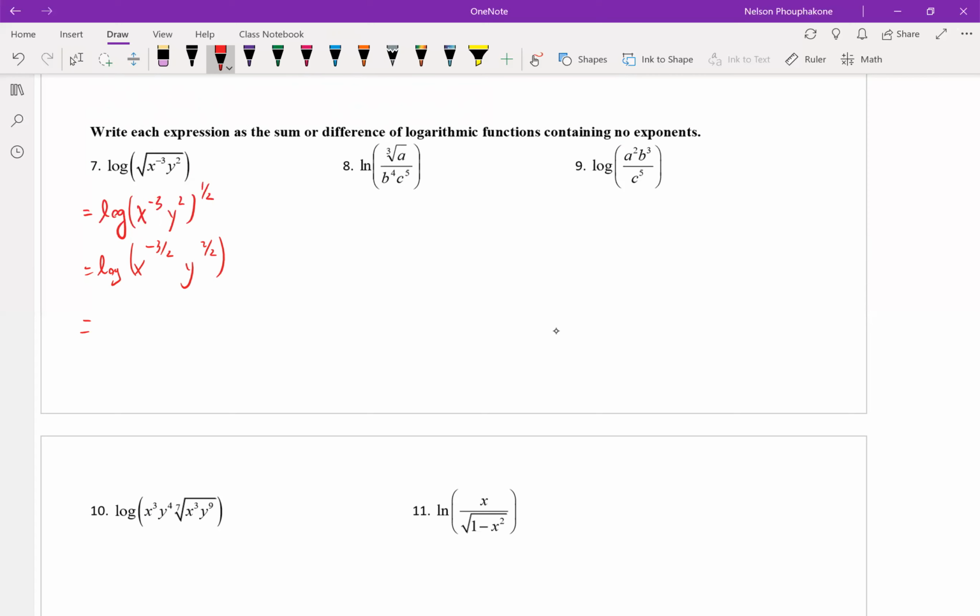And then now we have log of x to the -3/2 times y. Then of course, we could have log of x to the -3/2 plus log of y. Then my answer will be -3/2 log of x plus log of y.